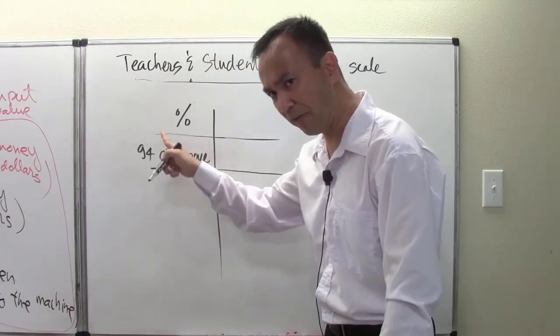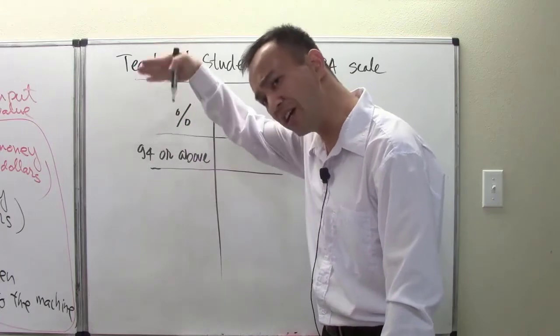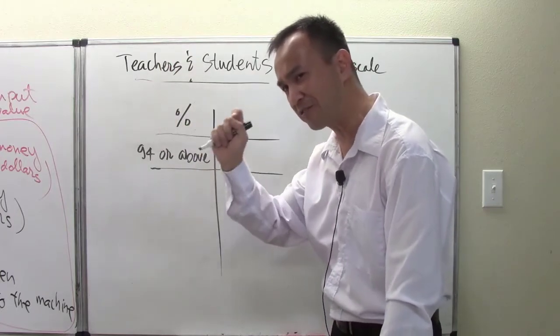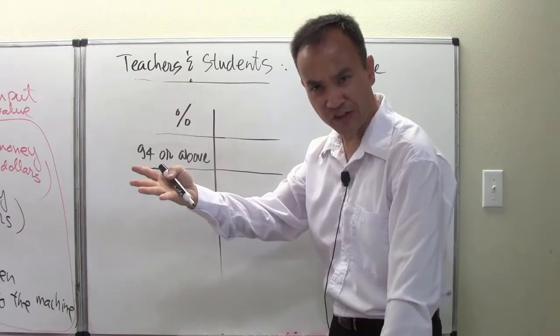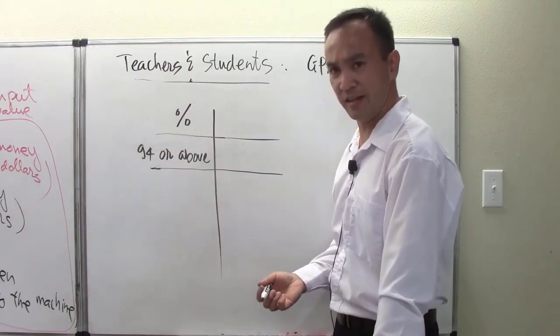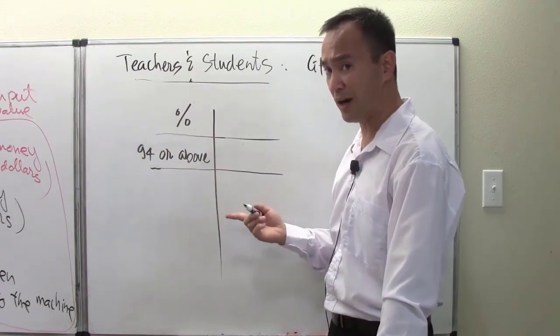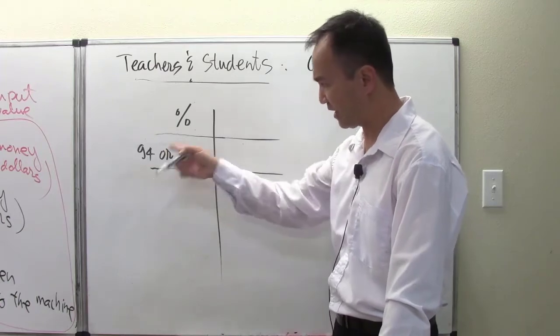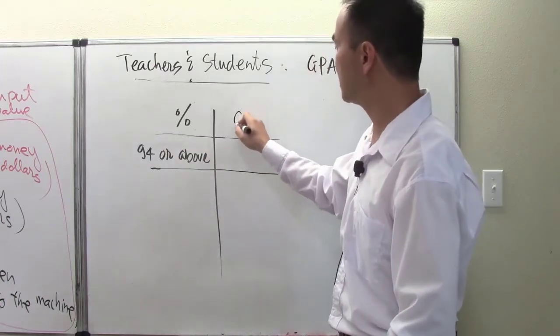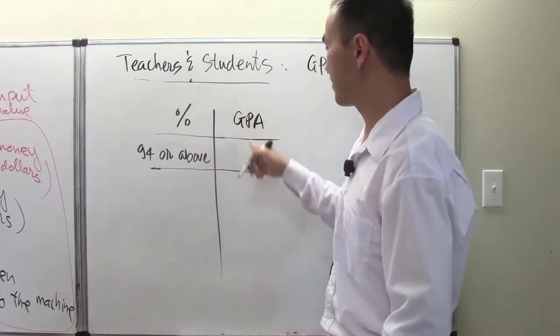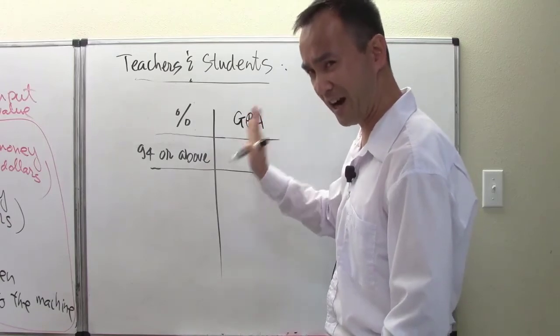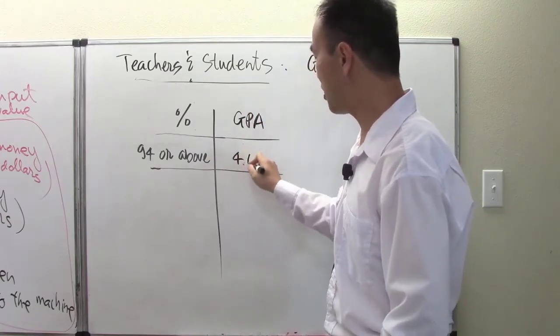It's 94 or above, so 94 or anywhere higher than that, 94.5%, depending on how precisely the teacher calculates, and then 96, 97, up to 100. So 94 or above, you will earn a final GPA, I'm using that term, final GPA of a 4.0.